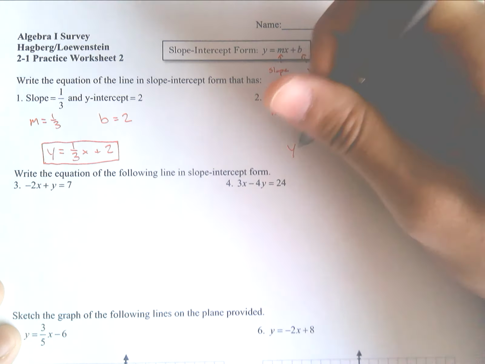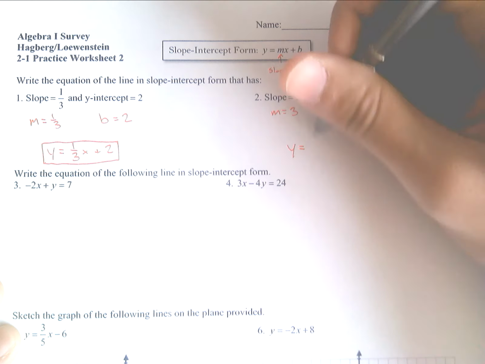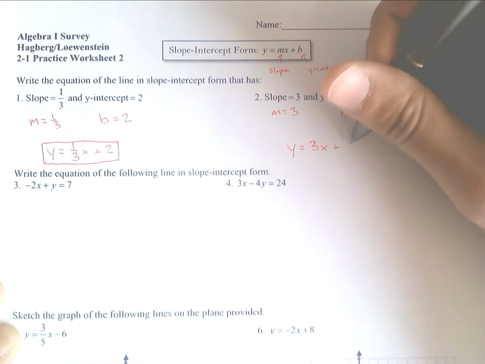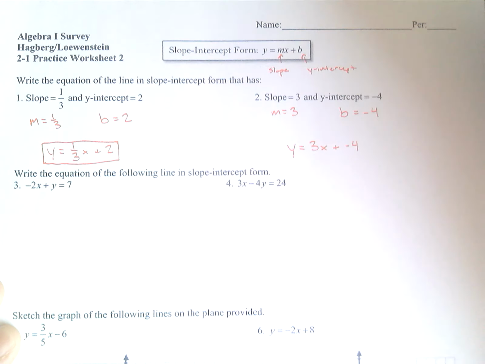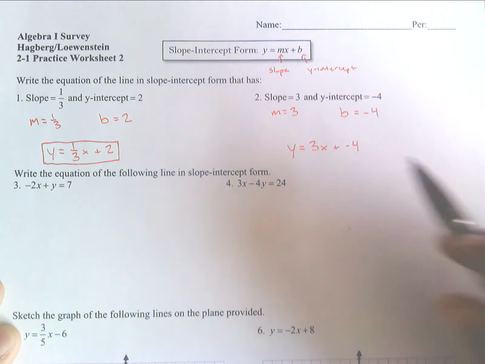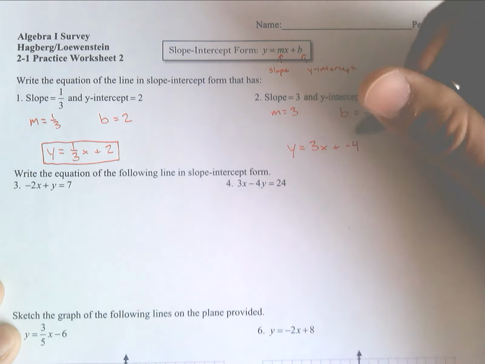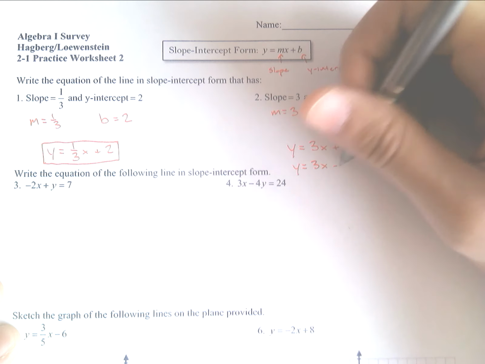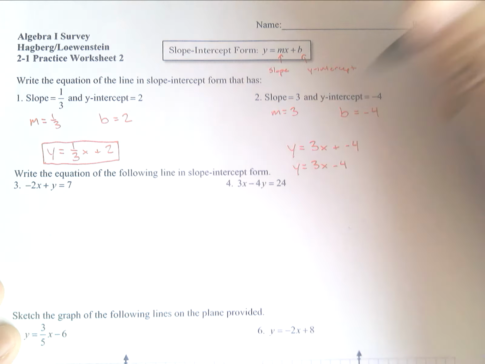We have y equals 3x plus -4. Now we can clean this up. We've got a plus and negative. If you got to here, I'm happy with that. If you want to clean this up a little bit and say y equals 3x minus 4, then that works as well.